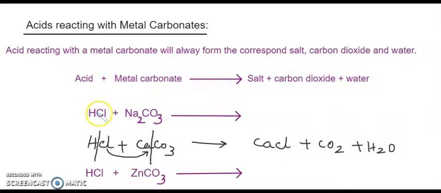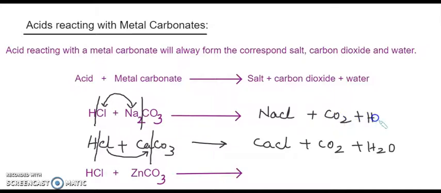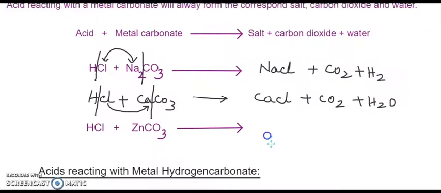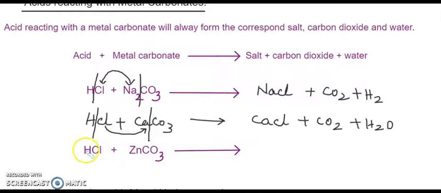Same way, if I take HCl with sodium carbonate, the sodium is going to get hold of chlorine. The sodium and the chlorine will go together. So what is left out? Carbon dioxide and water. So I'm going to get NaCl plus carbon dioxide plus water. Am I clear? Let's take one more example. So zinc carbonate with HCl.